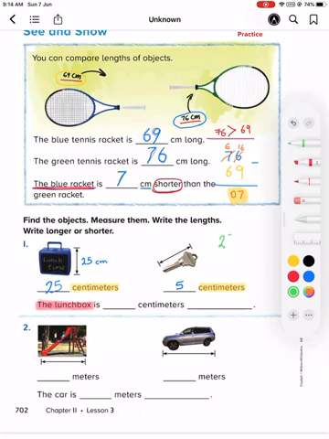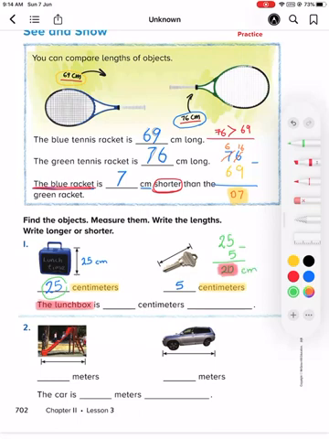25, which is the height of the lunchbox and the bigger number, minus 5, which is the smaller number, equals 20. So the difference between the two objects is 20 centimeters.